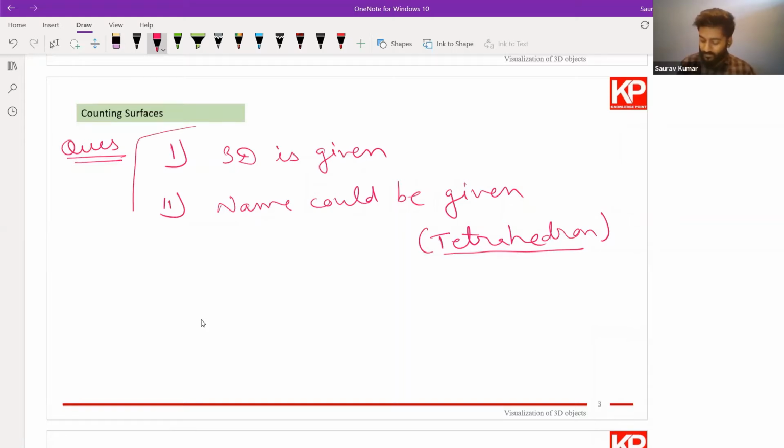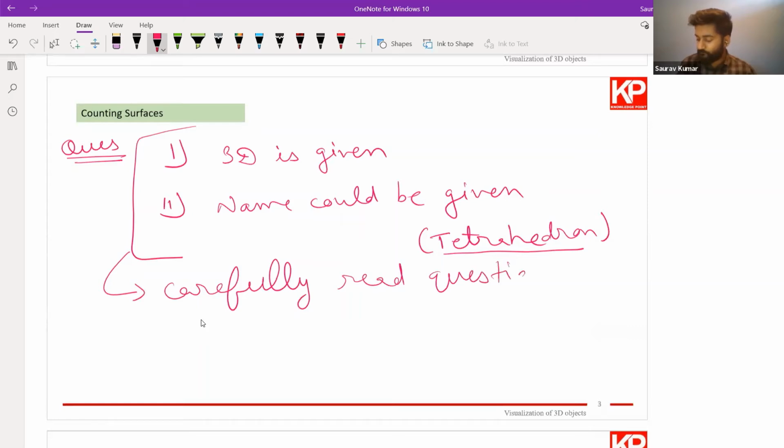Another thing, while giving such questions, you should carefully read the question statement. Though they are asking about counting the surfaces, sometimes they change the question a little bit. Sometimes they ask you to only tell about the horizontal surfaces. So instead of just saying, okay, we need to count surfaces, there is a 3D figure, let's start counting, first look at what is actually asked in the question.